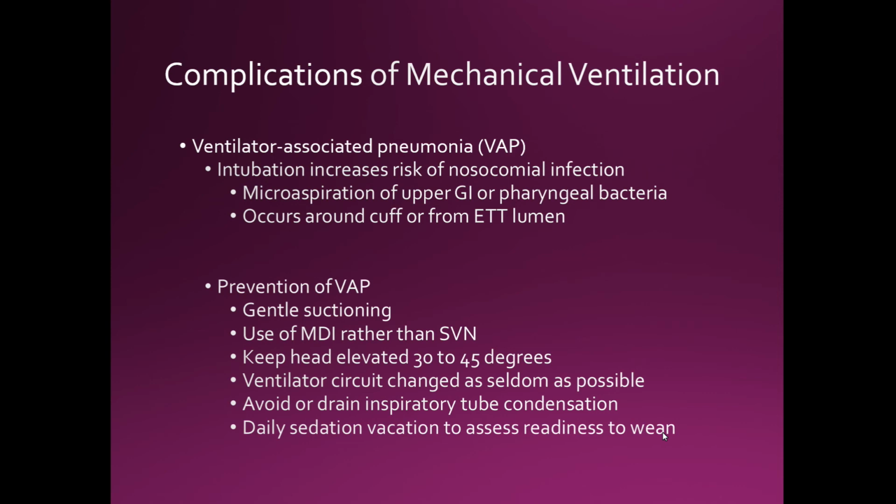It says it occurs around the cuff or endotracheal tube lumen, primarily more in the cuff because you get around the cuff and it falls in. So prevention of it: basically gentle suctioning. We don't want to cause any type of commotion when we suction to the point where it pushes the secretions down and into the lungs.